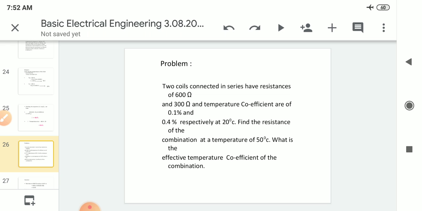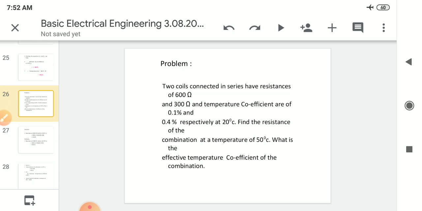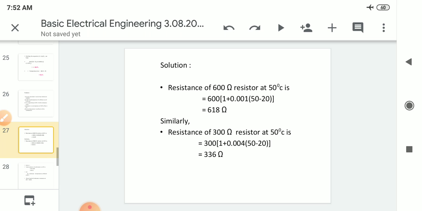What is the effective temperature coefficient of this combination? This is the question they have given. They have given two resistances R1 and R2, and alpha 1 and alpha 2 are also given, and T1 and T2 are given. So first we are taking the condition of the resistance of 600 ohms at 50 degrees centigrade.